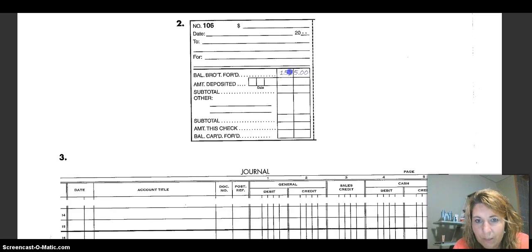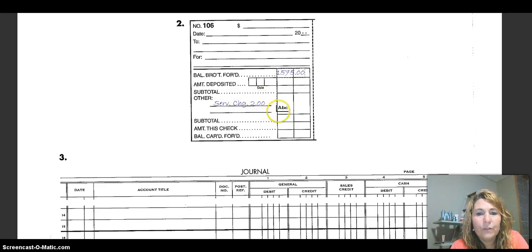I'm not lining up correctly. Okay, that's better. The date, we don't have a deposit we're listing. We're just going to come down here to other. So we're just going to put service charge. And the amount of that one is, sorry, $2.